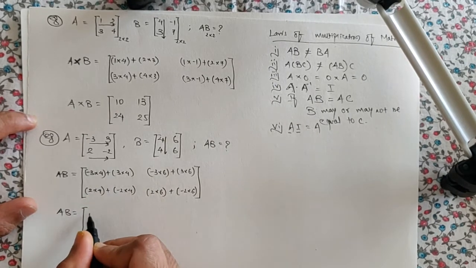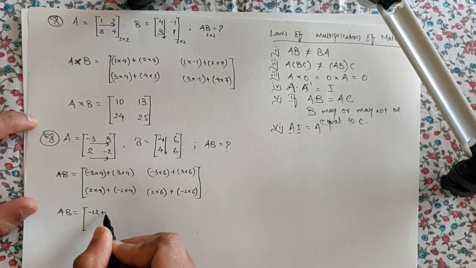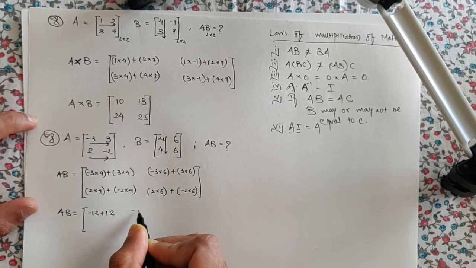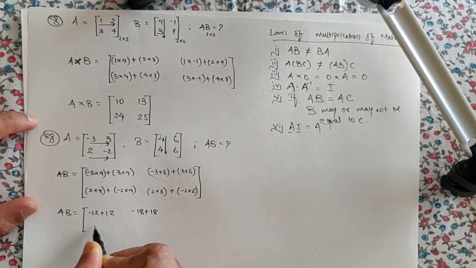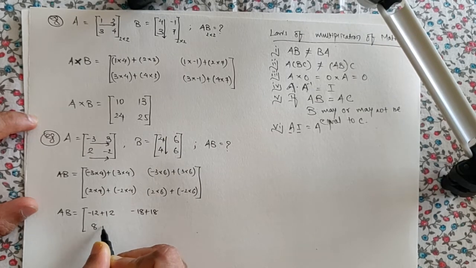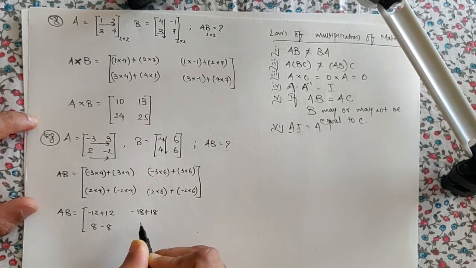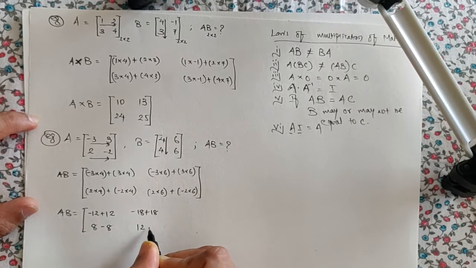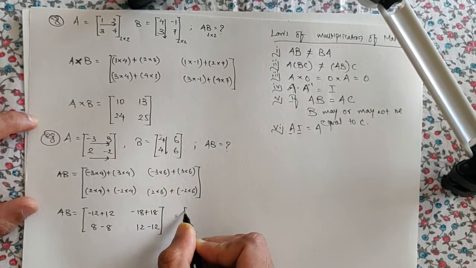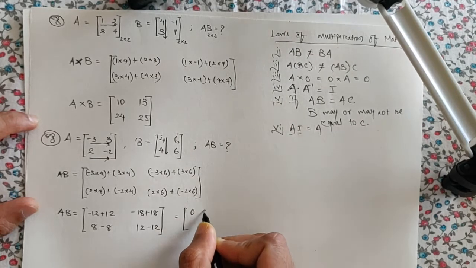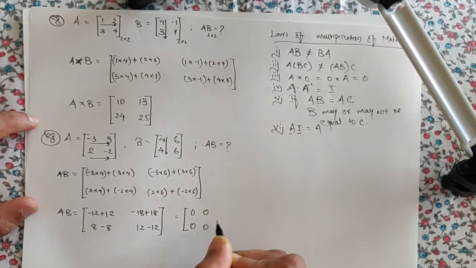Minus 3 into 4 is minus 12 plus 12, minus 18 plus 18, 8 minus 8, and here it will be 12 minus 12. So this will give you 0 0 0 0.